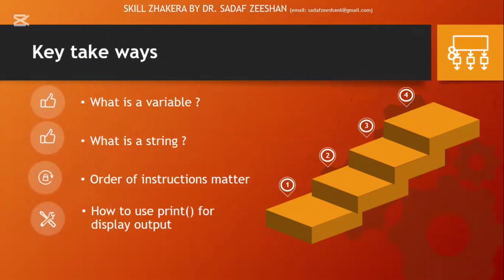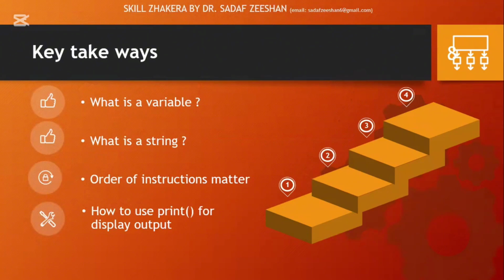So what are the key takeaways of today's lecture? You now should know what a variable is. It is a name assigned to a value so that it can be used later on. What is a string? Anything that is written within the double quotes is a string. The order of instructions matters. So the code has to be written in the right order.